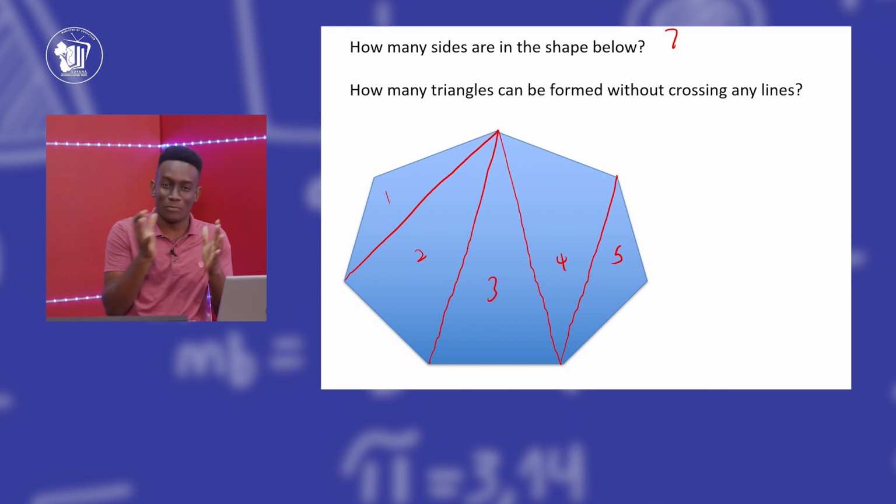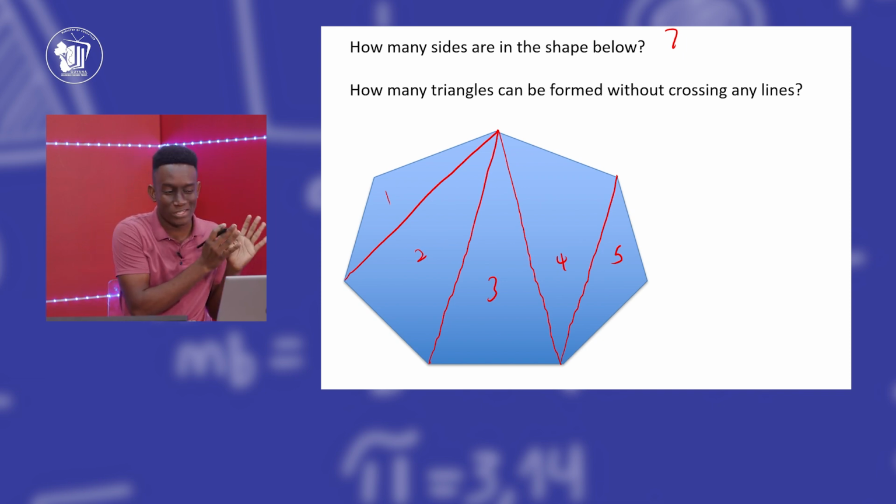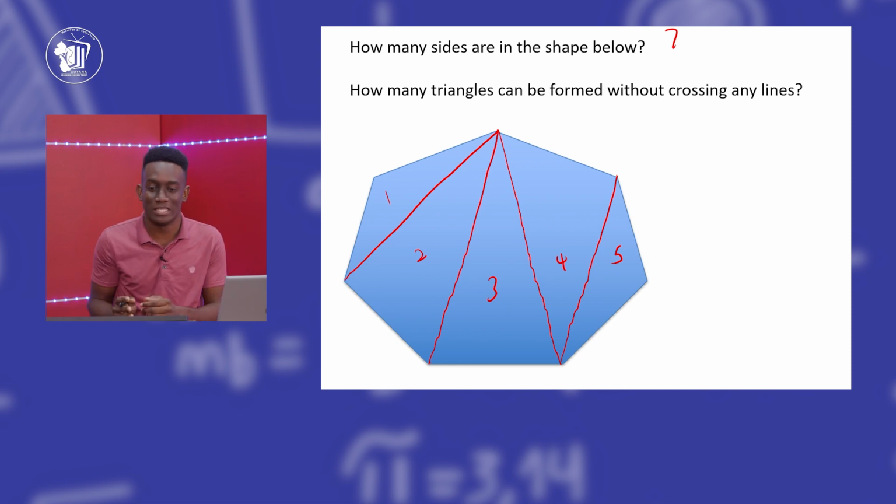So of course, if you've been following the patterns from the previous diagrams or the previous shapes that we had, you know the next question would be, what is the sum of the interior angles in this 7-sided shape? So we see we have 1, 2, 3, 4, 5 triangles being formed.